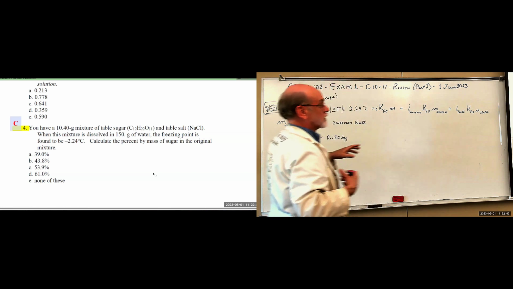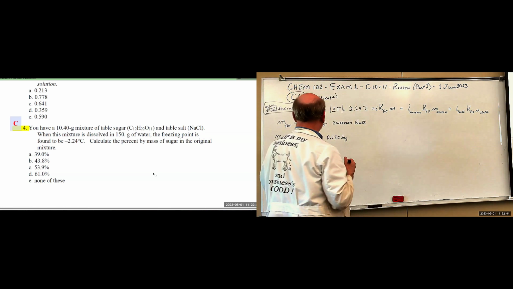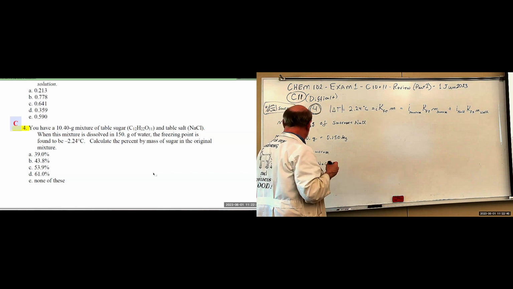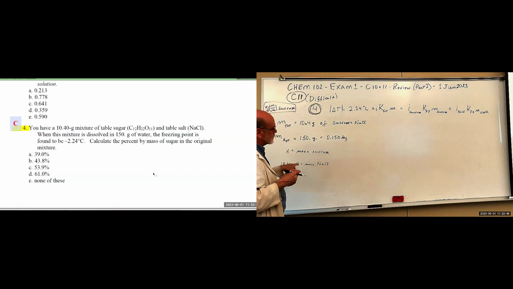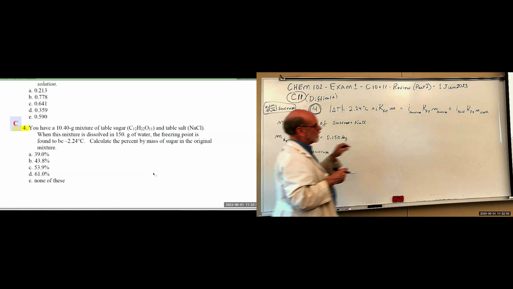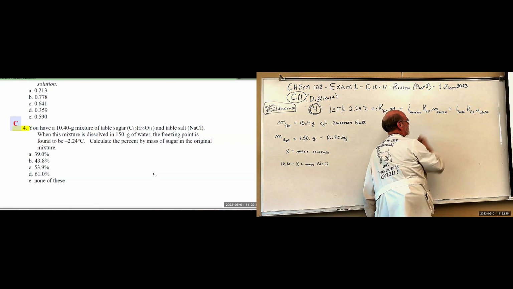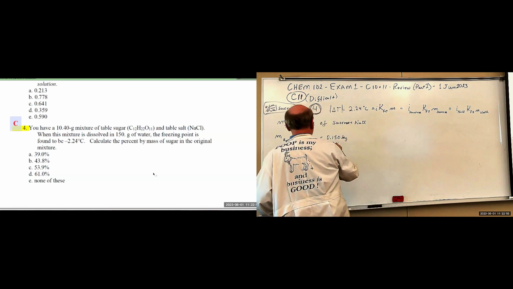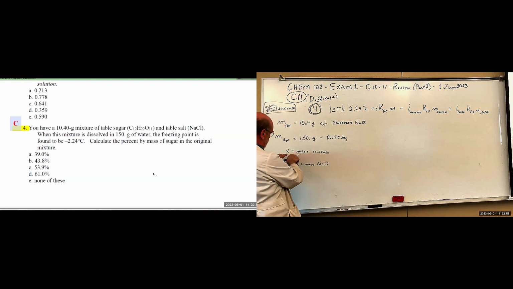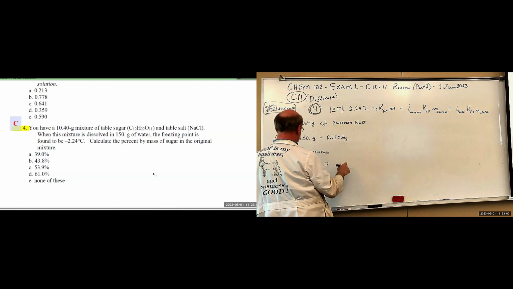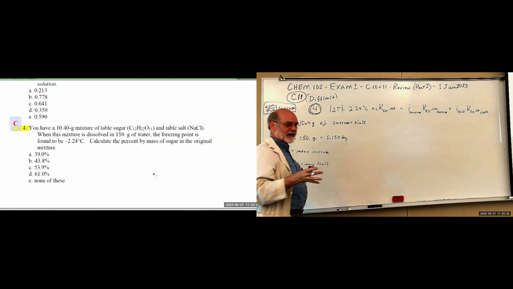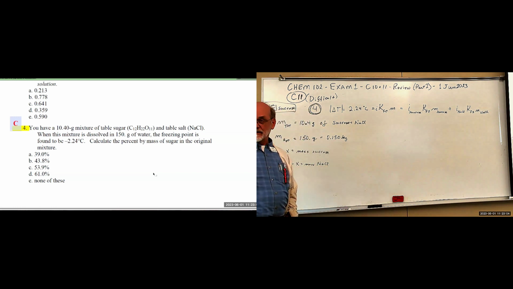Oh, we do have a formula for sucrose, because we've got to convert these to moles in order to get molality. All right, so what would be the moles here? Well, it'd be X grams divided by grams per mole of sucrose.